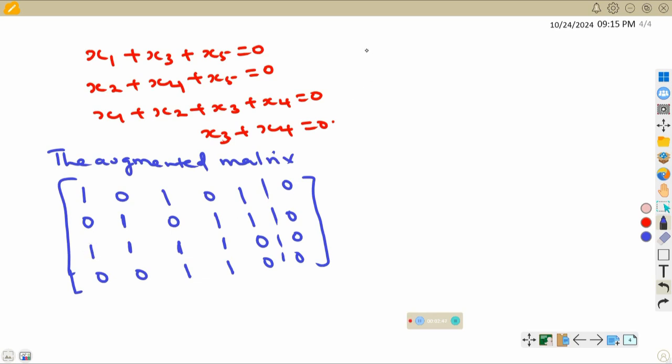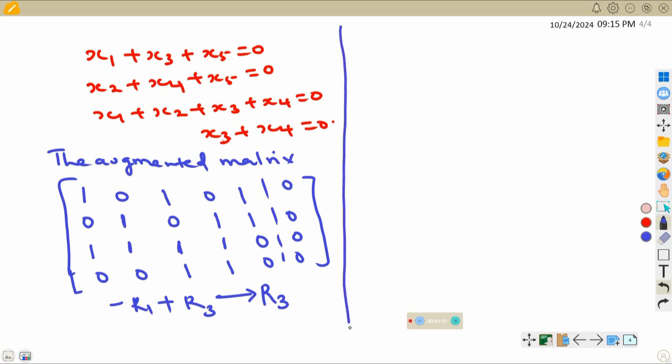It means we shall use the operation negative row 1 plus row 3 to give us the new row 3. When we do that, we maintain all the others constant, 1 0 1 0 1.